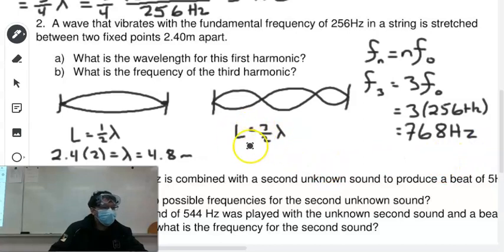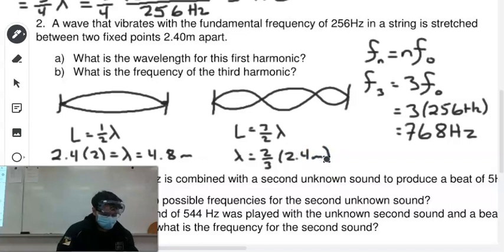And if you wanted to figure out the wavelength, well, the length of the string hasn't changed. It doesn't ask for wavelength, but why not? The length of the string hasn't changed, so we can just say that lambda is 2 over 3 times the length, which is 2.4 meters. So 2 over 3 times 2.4 is 1.6.